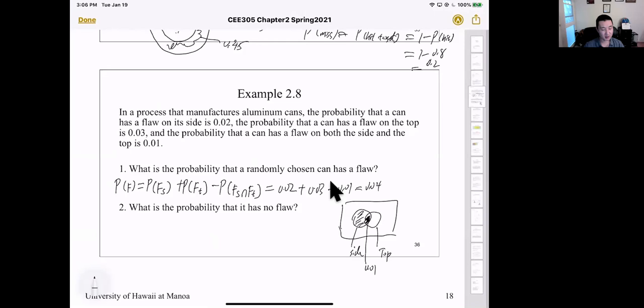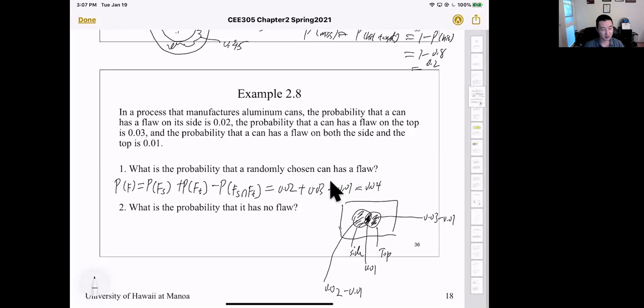For this area, it will be the probability of a flaw on the side, 0.02, minus the flaw on both the side and the top, 0.01. Similarly, for the area where it has a flaw on the top but not on the side, this part is equal to 0.03 minus the intersection, 0.01. We're going to discuss this more.